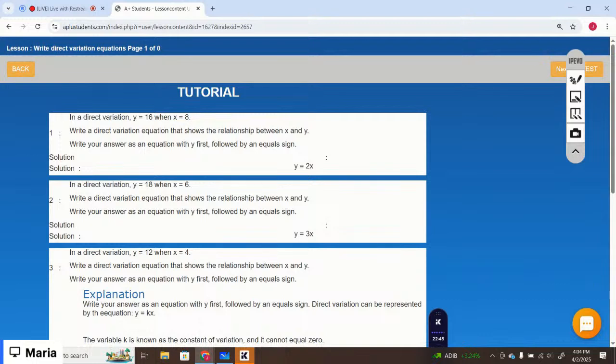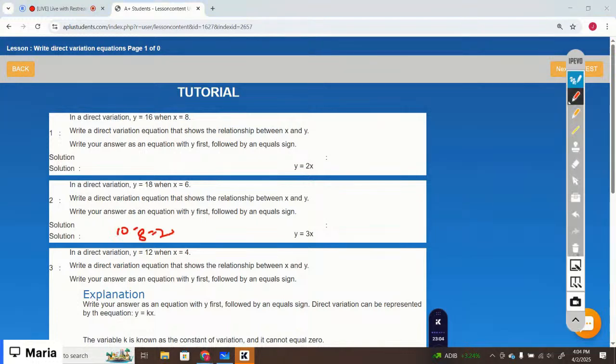In a direct variation, y equals 16 when x equals 8. Write a direct variation equation that shows a relationship between x and y. So we need to write down the equation. We have to find the k actually, right?